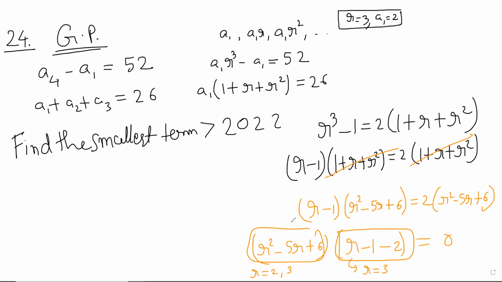For what values is it 0? Because that's how you will get both sides equal to 0, which is also fine. So r equal to 3 would also work in that case, and r equal to 2 also, that's the extra thing. Okay, so we have to assume r minus 1 is 0.